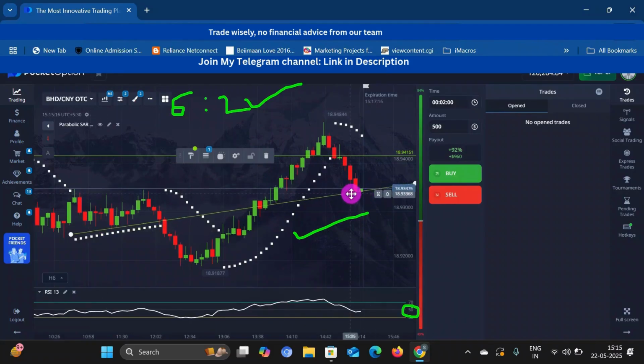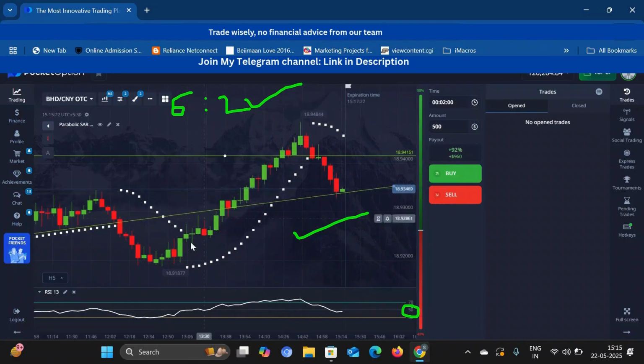In this way, you can draw and create a support level here. If you look here now, according to the trend line, a zone has formed. And from here, most probably we can see a bullish trend, and the price can move between here and here.